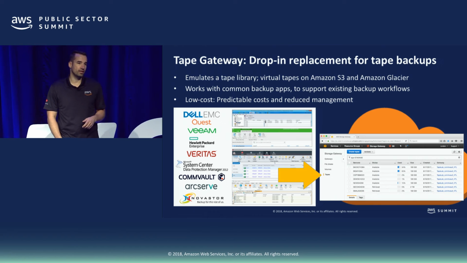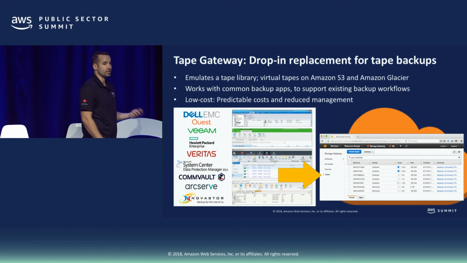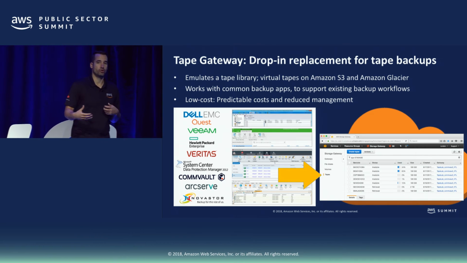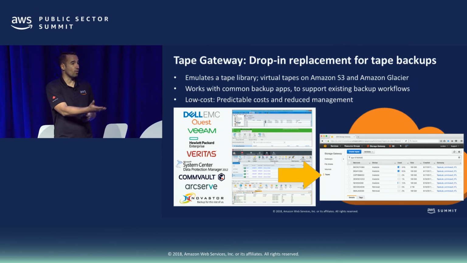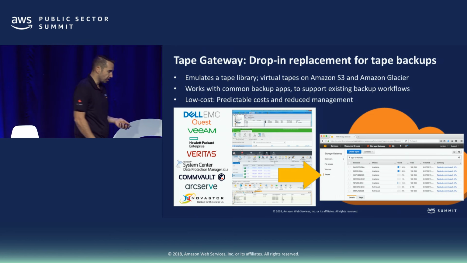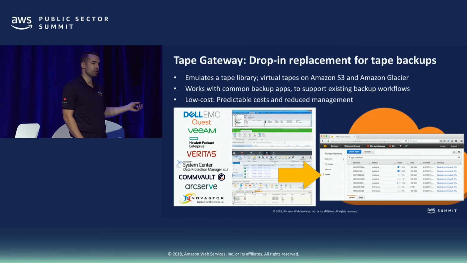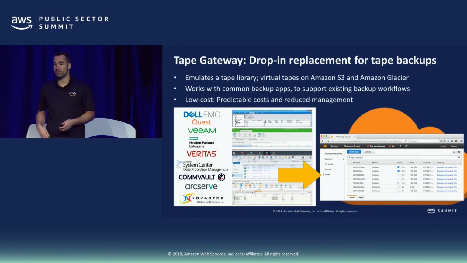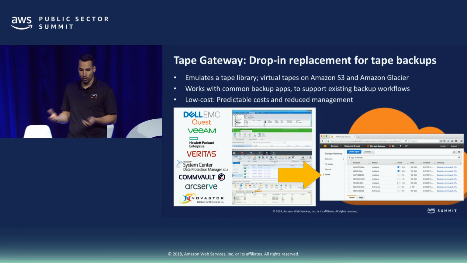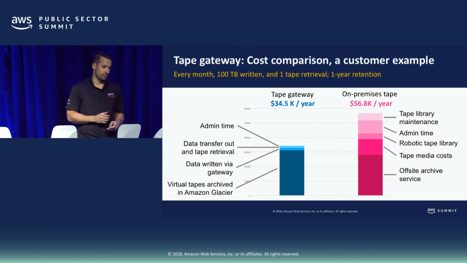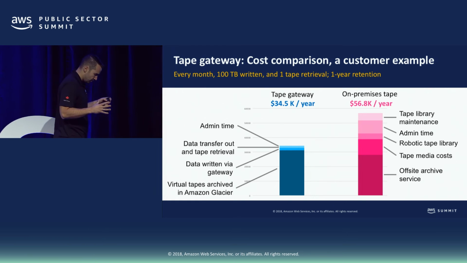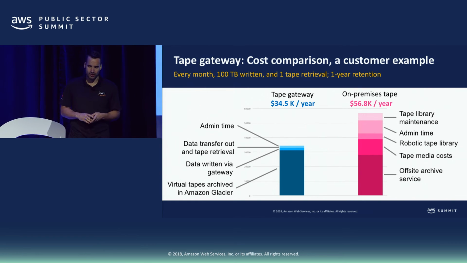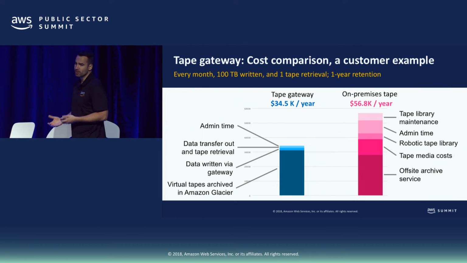But what we have also done here is we have integrated it with the Glacier service. So just like what you were doing today, where you eject the tapes and then have a tape service take them away to an external site, you're able to eject these tapes into Glacier and keep them there indefinitely, and there's no capacity limitations from that perspective. Looking at the cost of managing the backup environment, it's not so much in the tape library.